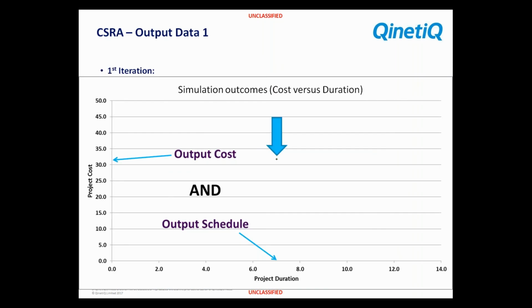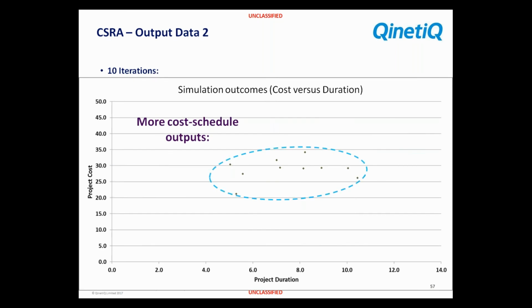So how do we do that then when we combine schedule and cost risk analysis? Well, here's a little example and how we can interpret it. So across the horizontal, the x-axis, we've got duration, we have schedule outcome. And on the y or the vertical axis, we've got some project costs. And the blue arrow is giving us a first iteration, one possible outcome of our project based on risk and uncertainty as we've been discussing.